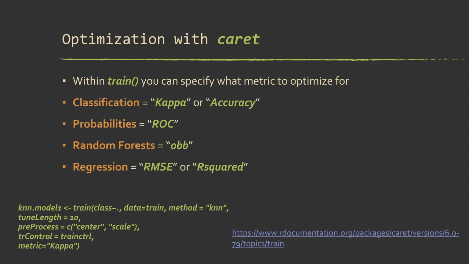Here are a few other examples. So classification, multi-class, you can use kappa or accuracy. Probabilities, you could use ROC. Random forest has the out-of-bag sample, so for that algorithm specifically, you can optimize using the out-of-bag data. And then regression, you have RMSE or R squared. And again, that's just defined with this metric argument. So here, I'm using kappa.